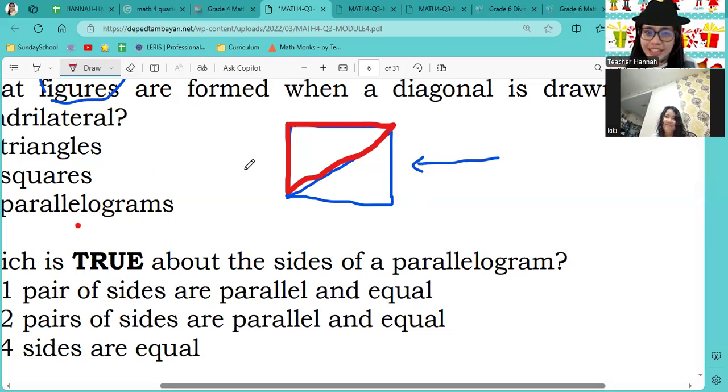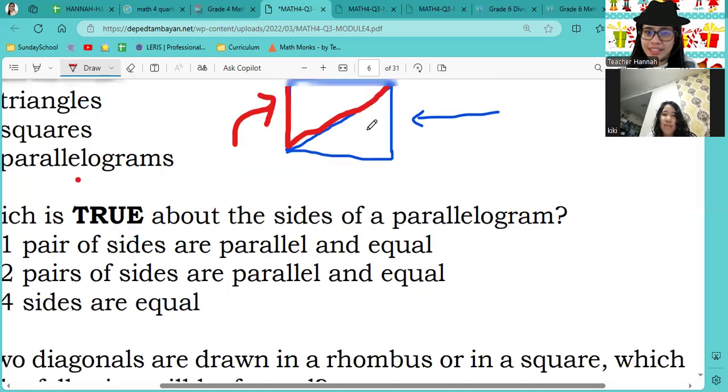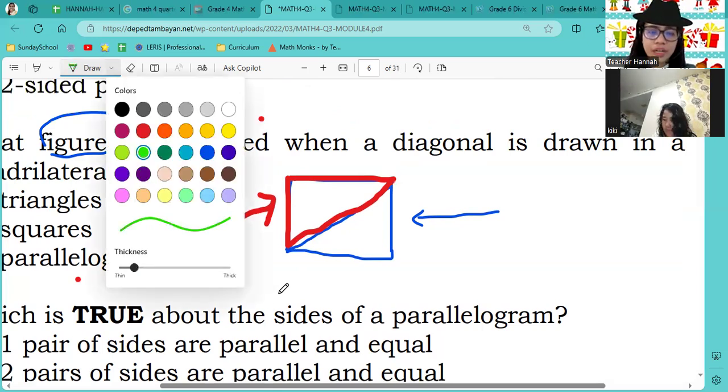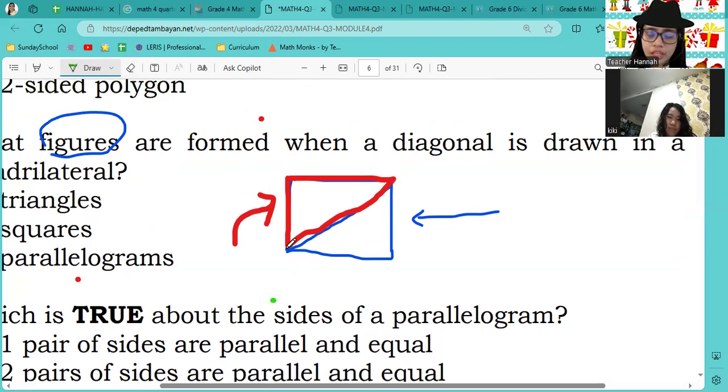What shape is this? Triangle. Okay. So another one. I'm going to draw the other side. This one, 1, 2, and 3. What shape is this?